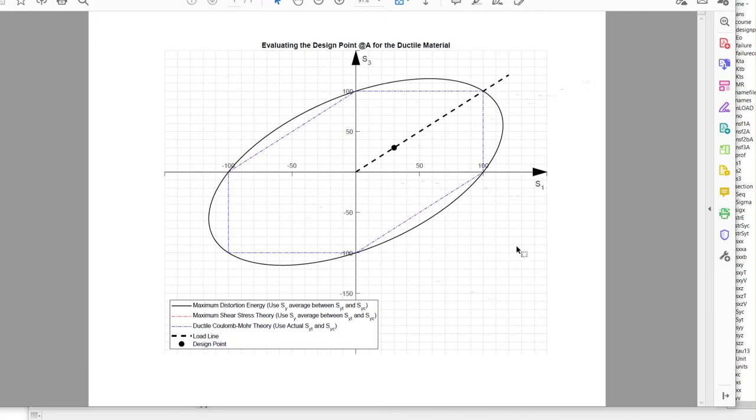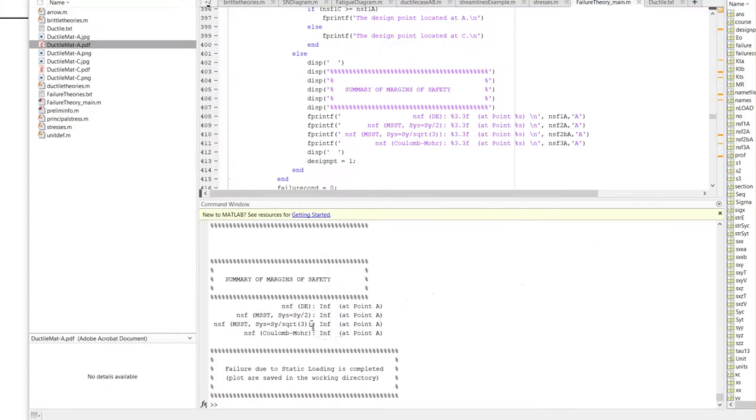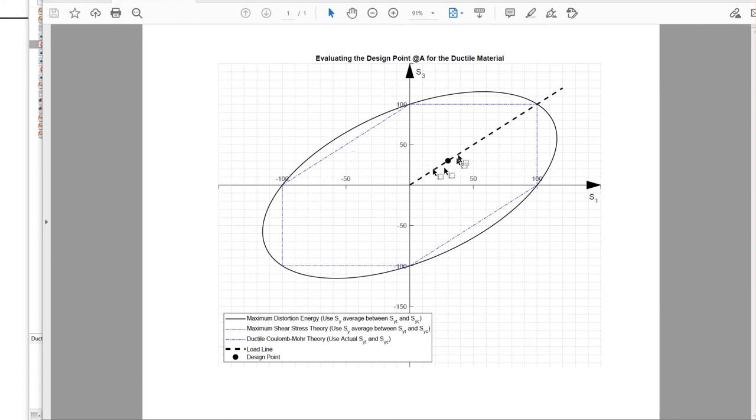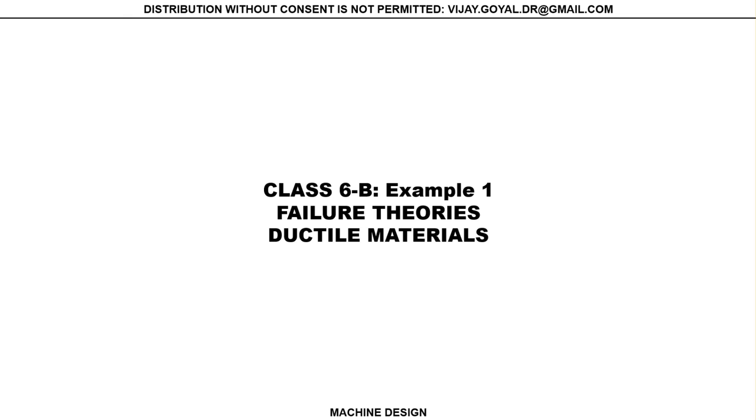It's a point in your Mohr circle, and it's a point in the tension direction. The fact that you get all your margins of safety equal to 0 is saying that everything here is completely safe. So this completes example number 1.